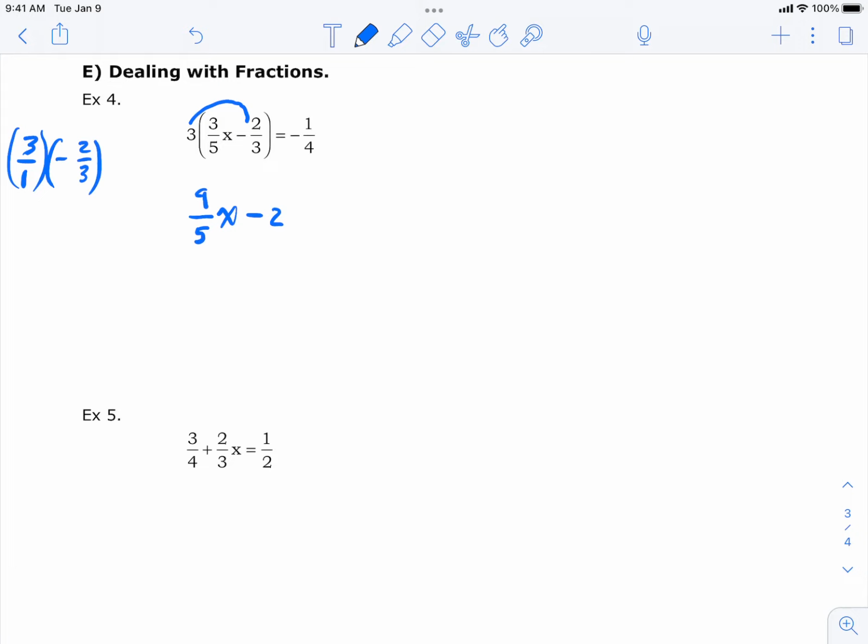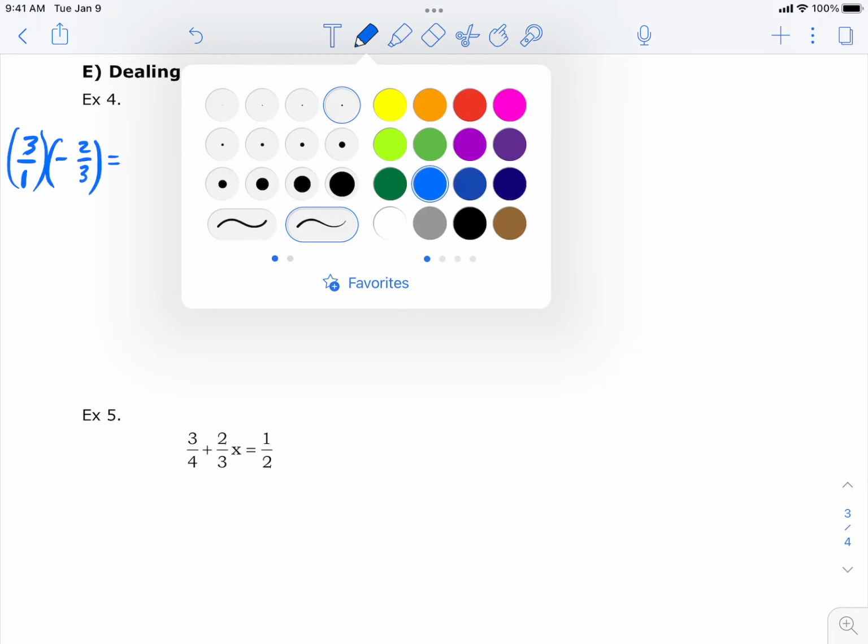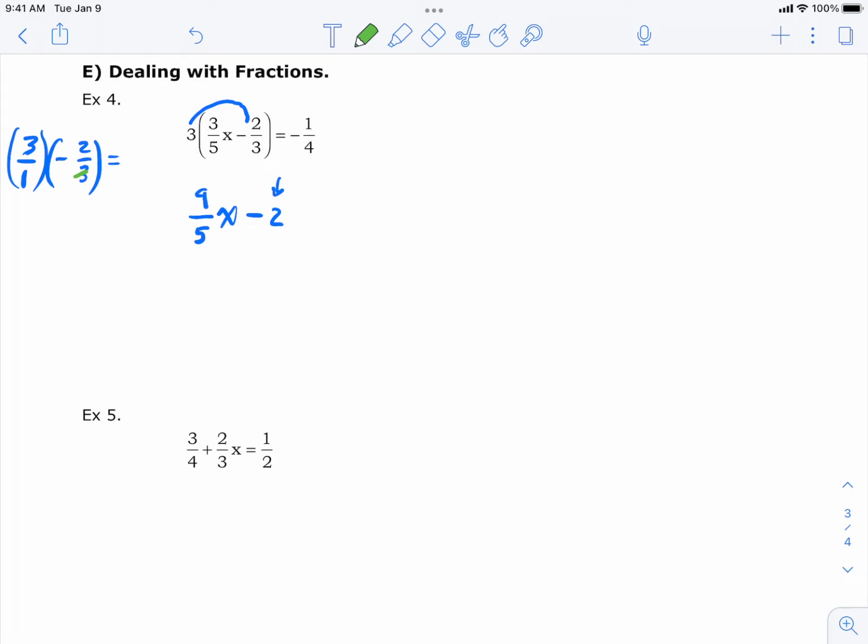You could, I guess, multiply straight across and get negative 6 over 3. But negative 6 over 3 reduces to just a negative 2. What I'd prefer is that, when you're multiplying fractions, you can do this thing called cross-canceling. Only when multiplying fractions.